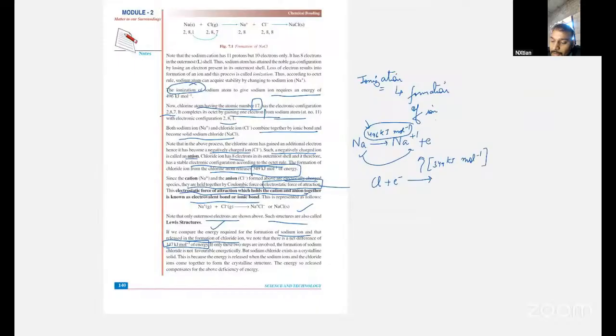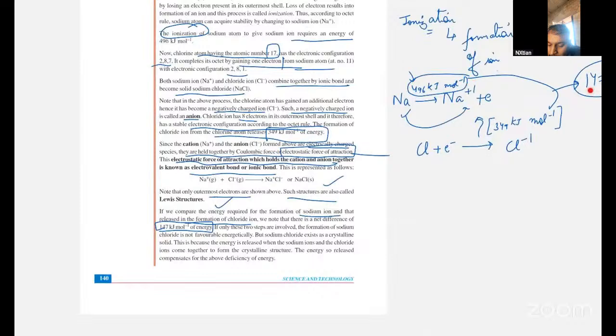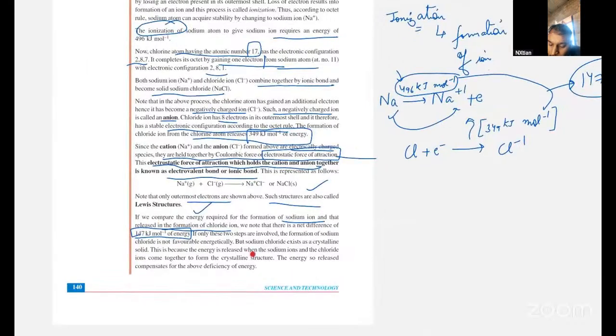So the net difference is 147 kilojoule mole inverse. Did you understand? It means that for making sodium into Na plus, it needs 147 kilojoule per mole from outside. So if only these two steps are involved, the formation of sodium and chloride ion is not energetically favorable. But sodium chloride exists as a crystalline solid. This is because energy is released.